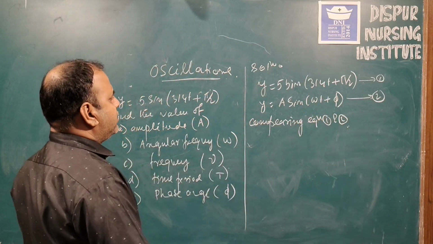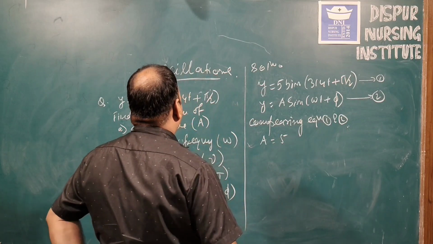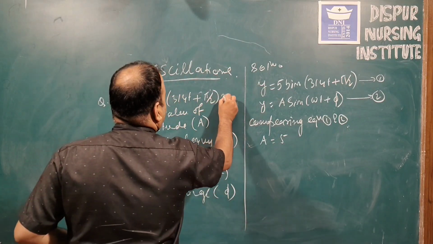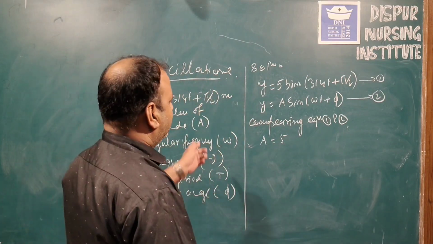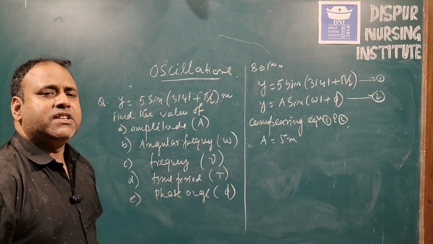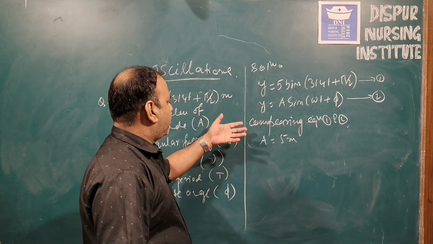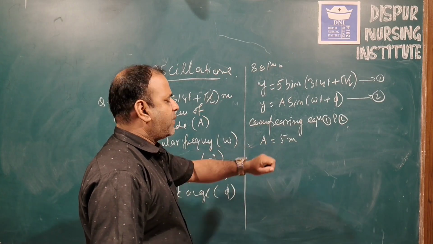In short, a is equal to the amplitude. If it is given in centimeter or meter, you have to mention the same unit. So the amplitude of the oscillation will be a is equal to 5 meter.